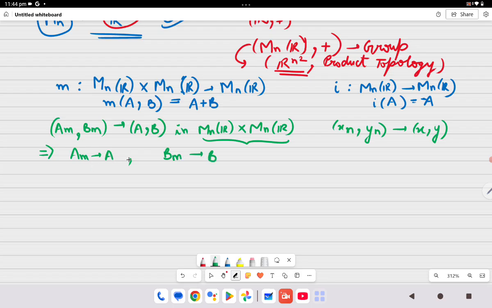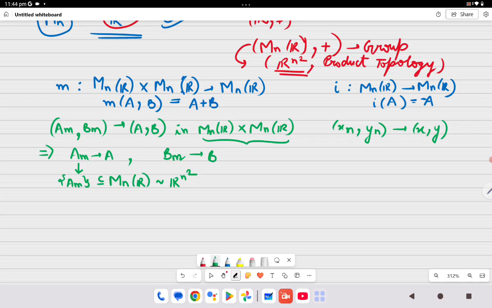So AM sequence A पे converge कर रही होगी और BM B पे converge कर रही होगी, ठीक है। पर अब आप ध्यान दो, AM कोई एक मैट्रिक्स है जो कि MnR में है, AM एक सीक्वेंस ऑफ मैट्रिक्स है जो कि स्पेस के अंदर है, जिसे हमने Rn² से आइडेंटिफाई किया है. और Rn² में you must be knowing that the convergence is actually what?